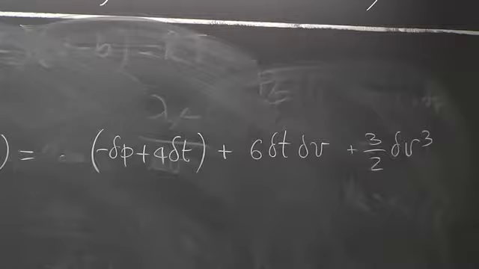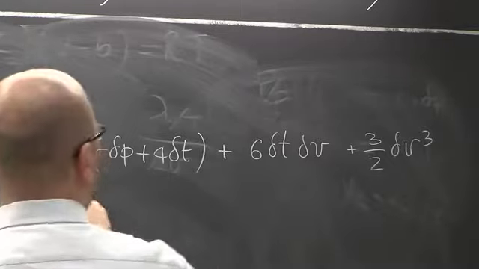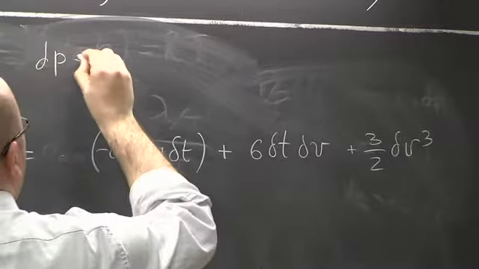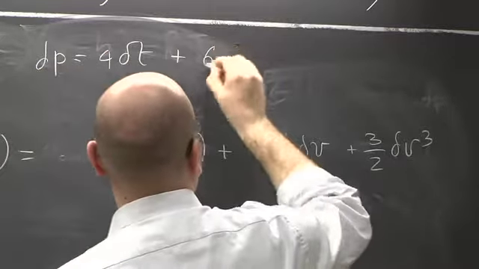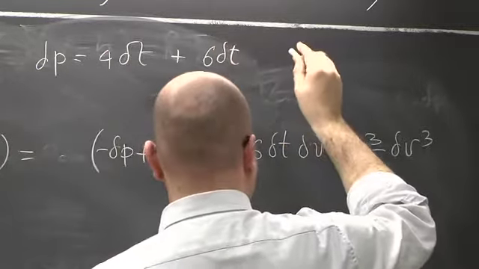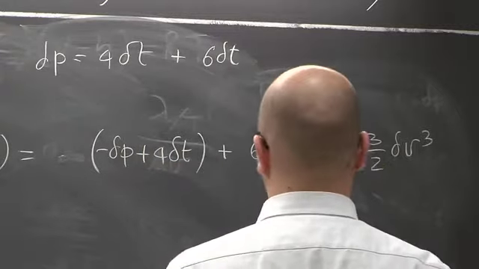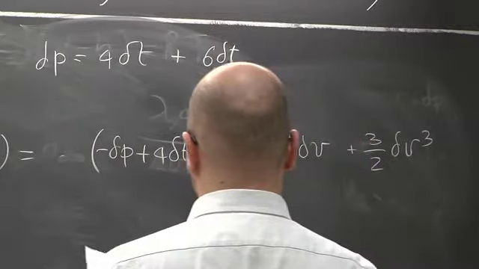No, because if you put this equal to 0, then delta P is equal to 4 delta T plus 6 delta T. It's minus.